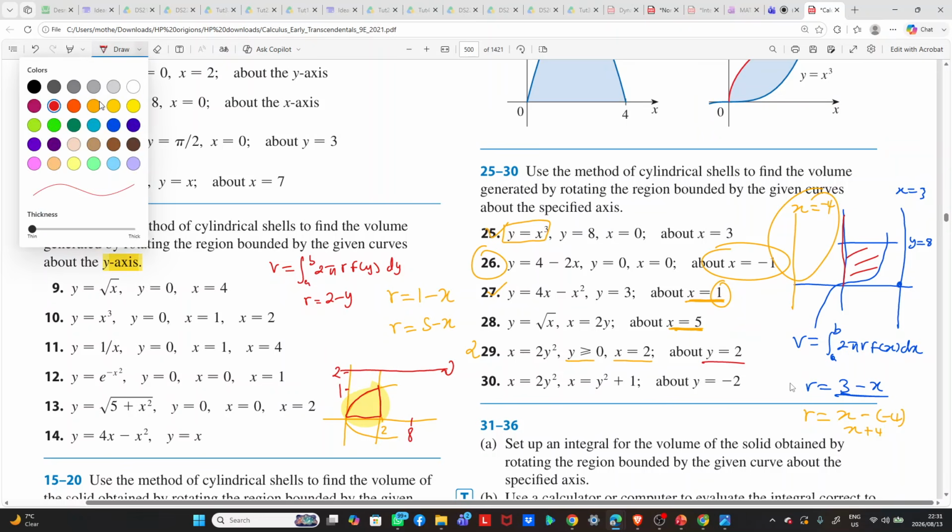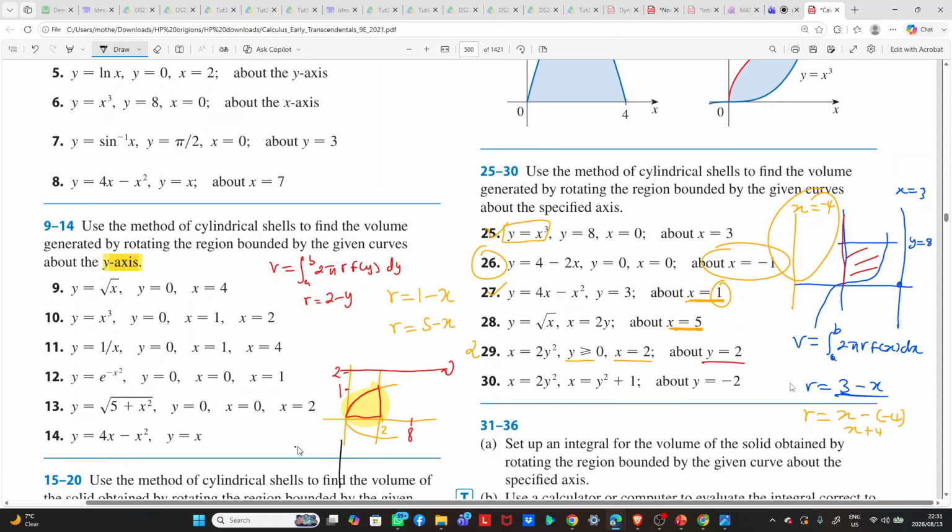Now, if the line of revolution was here, say y equals minus 1, r was then going to be y minus minus 1, so r is basically y plus 1. When we are on the x-axis, r is y.